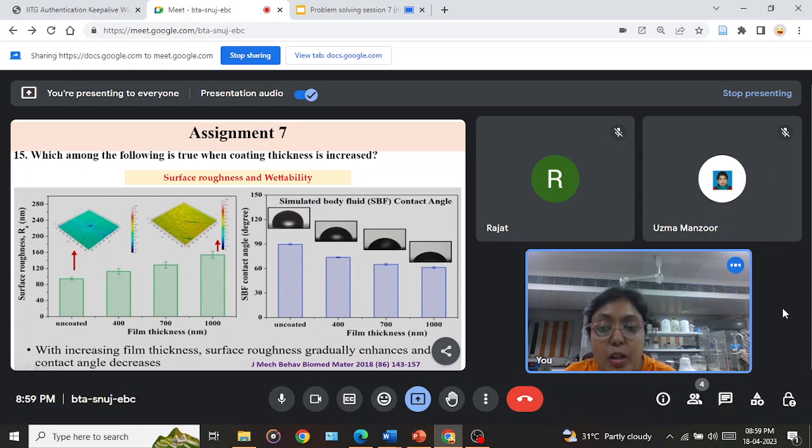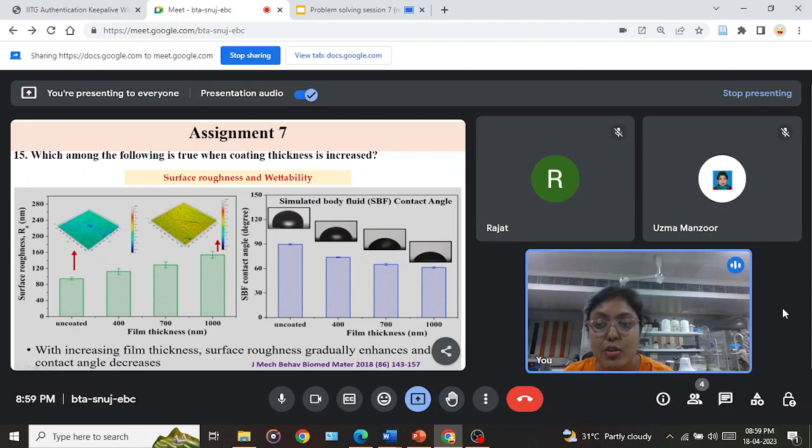Whereas if you plot a graph between contact angle and film thickness, you can see that in the case of uncoated, the contact angle is the highest, whereas as the thickness of the coating increases, the contact angle decreases. When the film thickness is around 1000 nanometers, the contact angle is around 60 degrees.